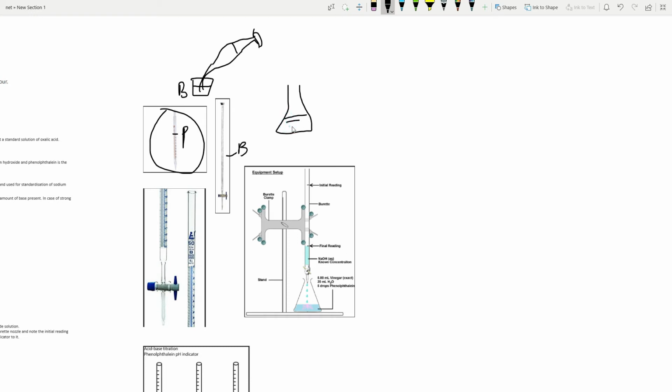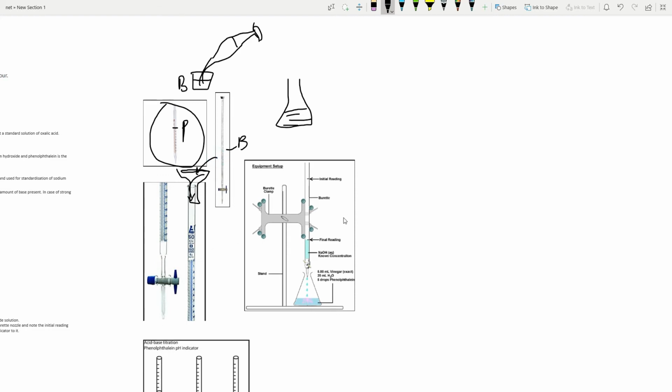The standard solution that you have made, you need to add to the burette. You don't add it directly, you will get a funnel-like structure. My drawing is pathetic, but this is a funnel-like structure. From there you pour your standard solution.